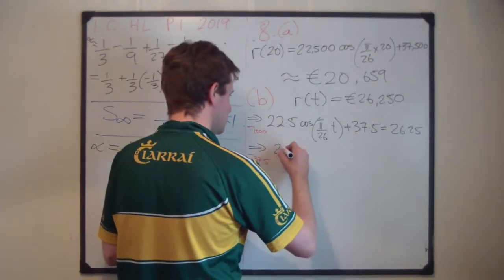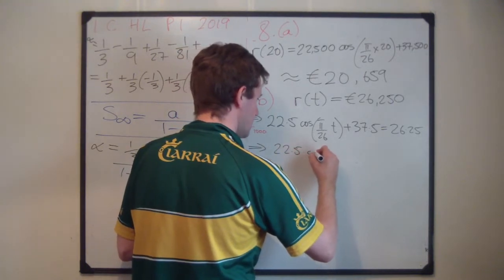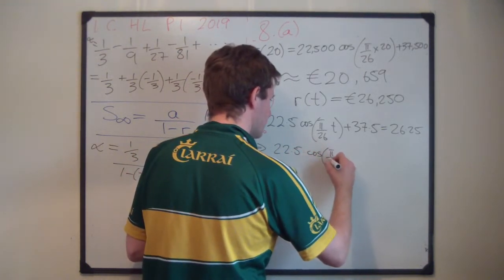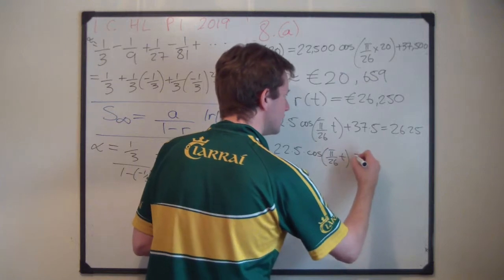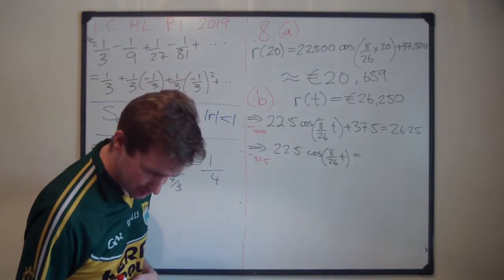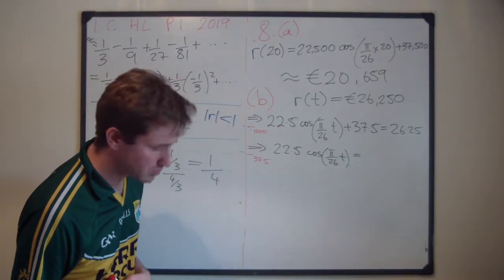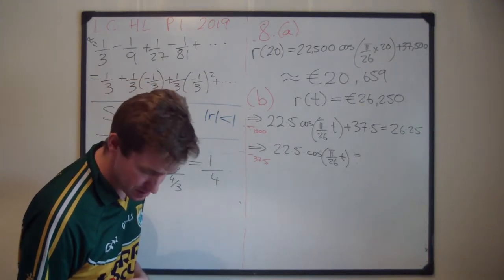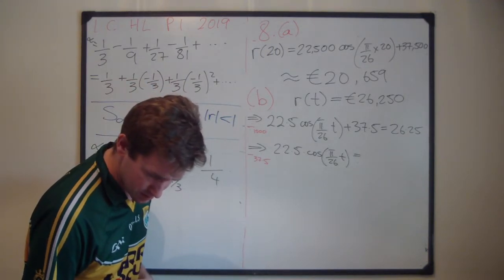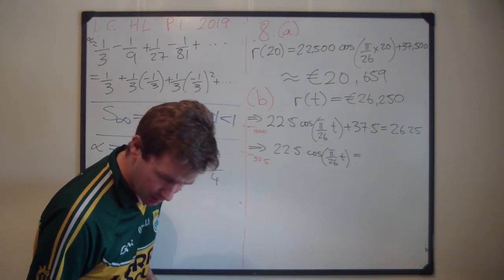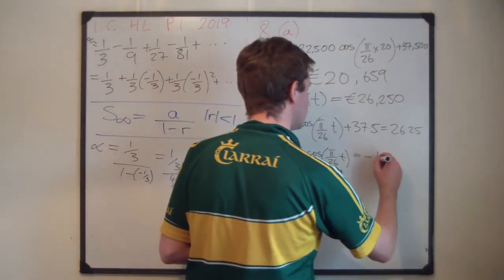And I get 22.5 cos pi over 26t equal to 26.25 minus 37.5. I get minus 11.25.